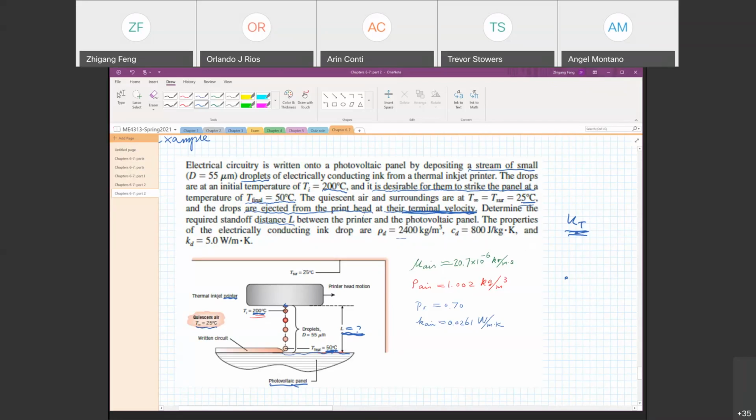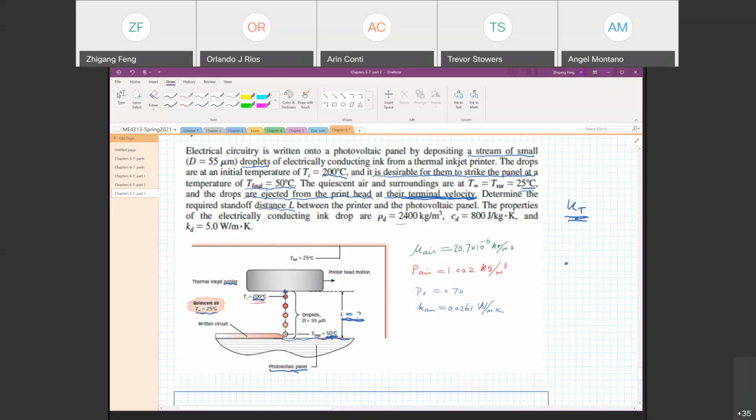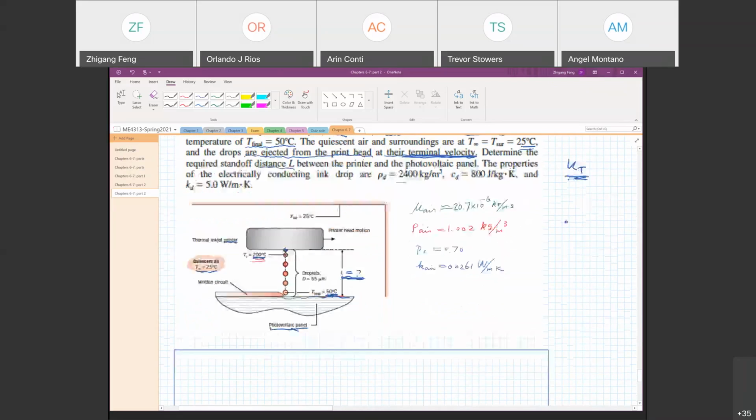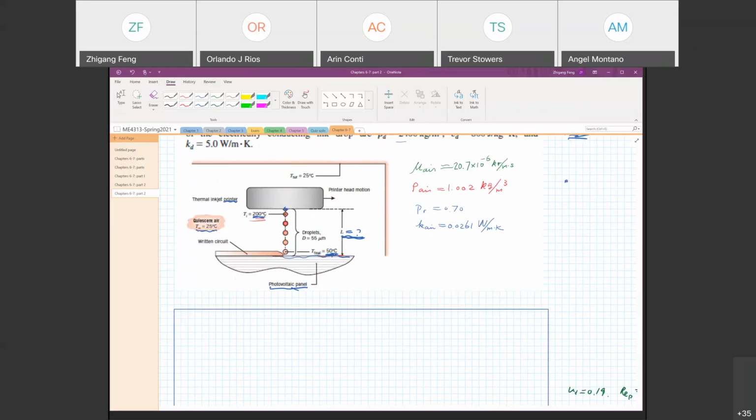Okay? So pretty complicated problem, but we can break it into a few small questions. The first question is, how is L related to the velocity and the time?